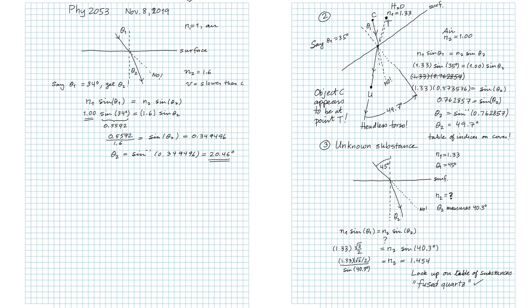That's equal to N2, which is 1.6, I'll put parentheses around that, and then sine of theta 2. So this doesn't give me theta 2 directly. It gives me sine of theta 2, so I'll get the sine of theta 2 and then do inverse sine of that. So now the sine of 34, what's the sine of 34?